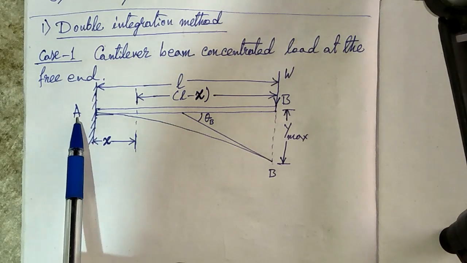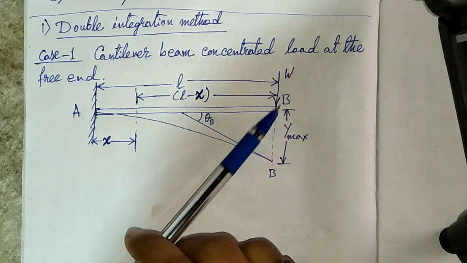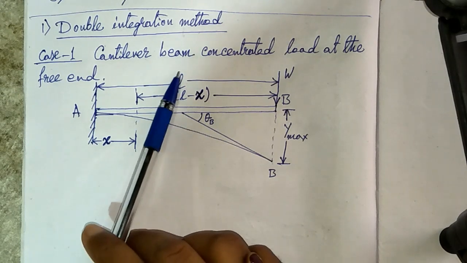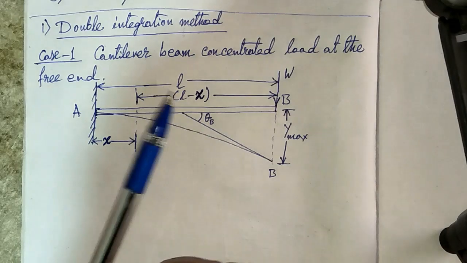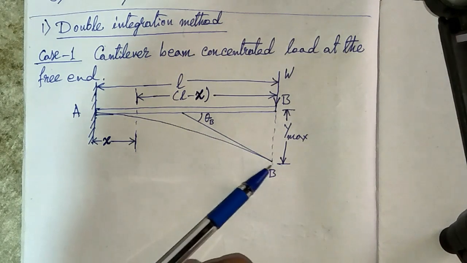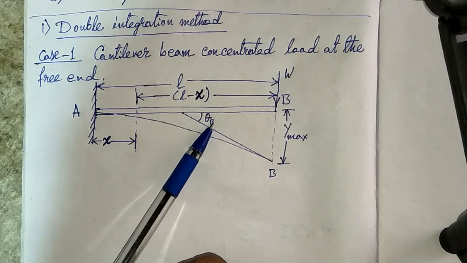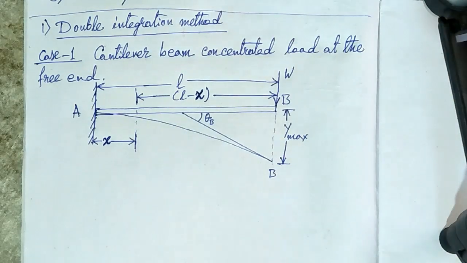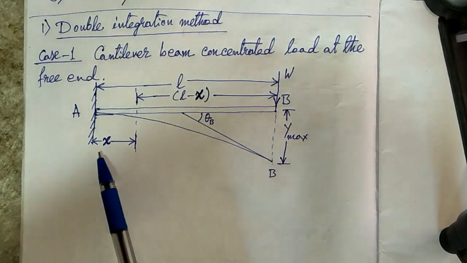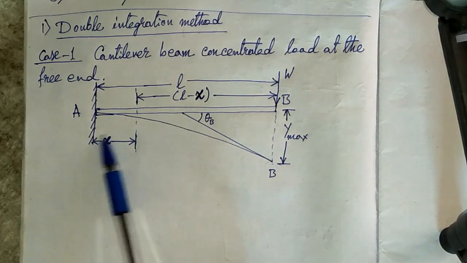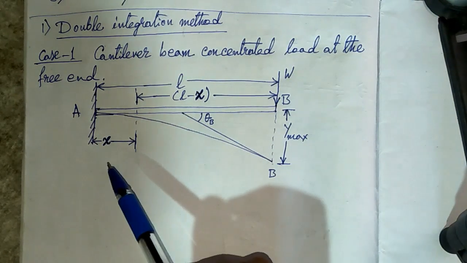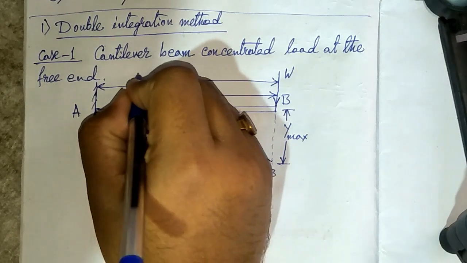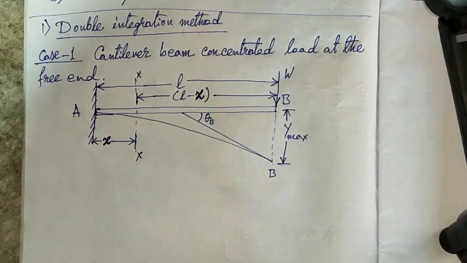As you can see, AB is the cantilever beam, W is the load applied at the free end, and the length of the beam is L. After deflection, the slope angle is theta b, and y max is the maximum deflection. Now we take a length x from the free end, this is the x section.